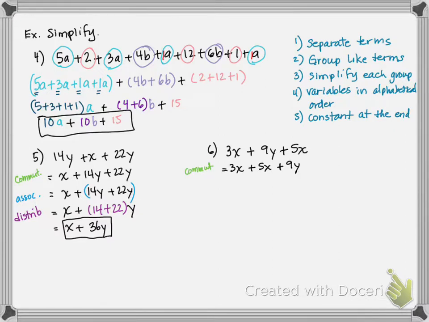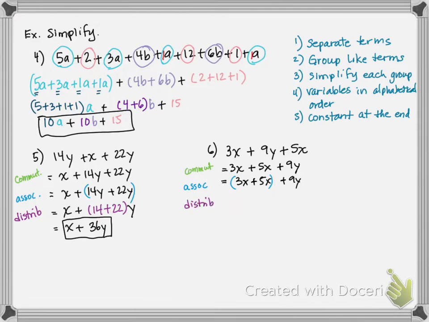Okay. Then we're going to do the associative property. Why? Because we want to put parentheses around what we can do math with. So we have the 3x plus 5x plus 9y. Boom, boom. Okay. Then we get to do the distributive property.